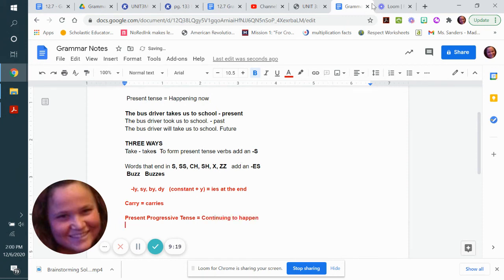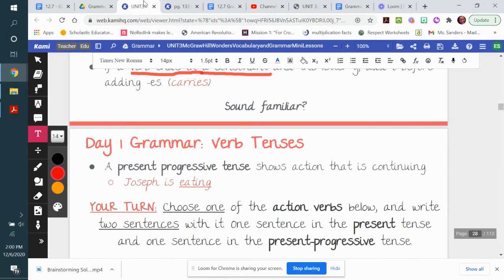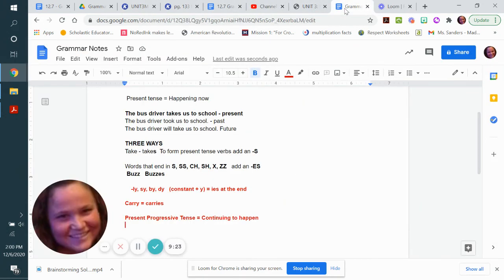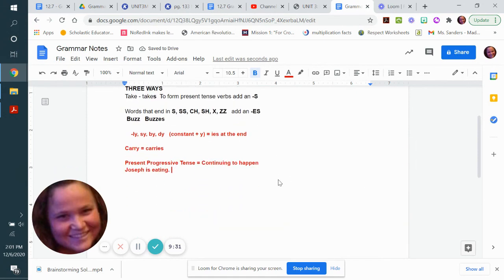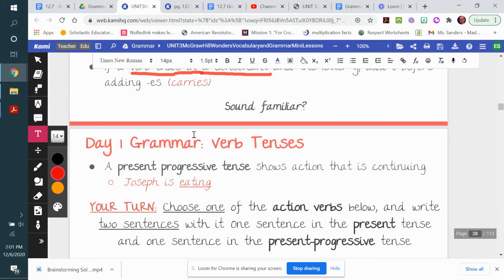The example they have in there was Joseph is eating. That is going to continue to happen because he isn't done after one bite. Okay, I think that's all for now as far as notes.